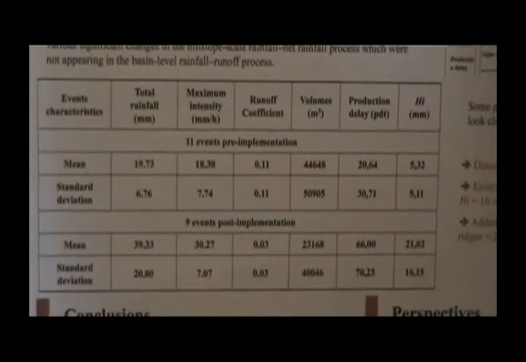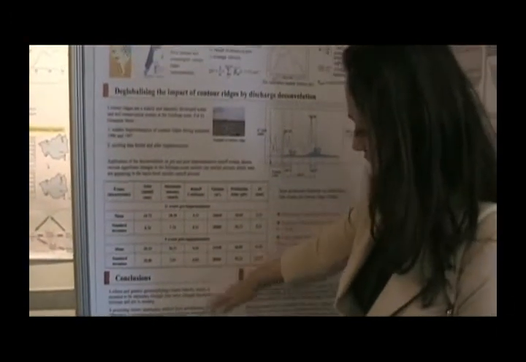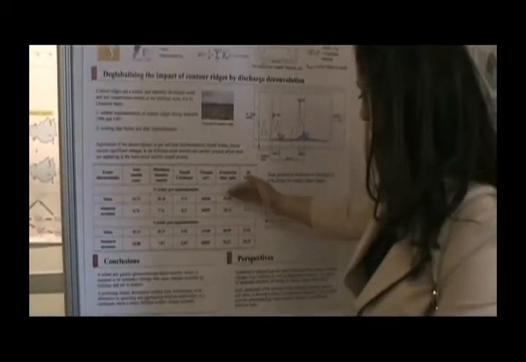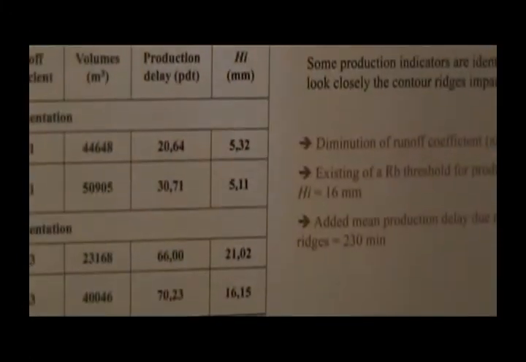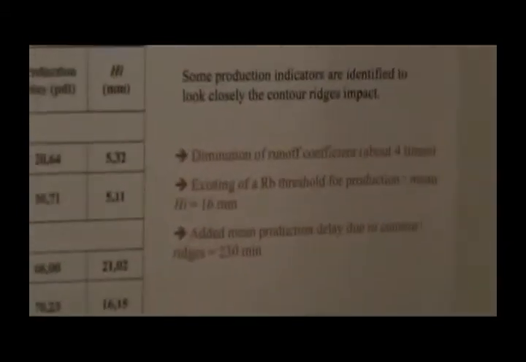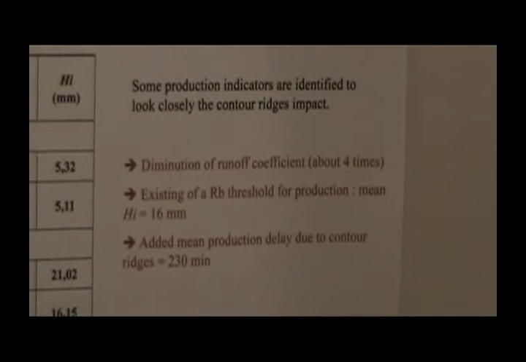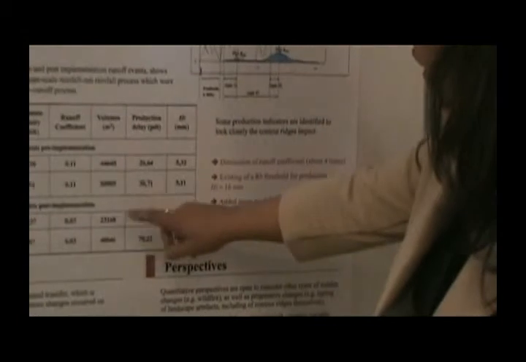We can see here some examples of 11 pre-implementation events and nine post-implementation events. Looking at these results, we can see the impact of these contour ridges: a diminution of the runoff coefficient by about 4 times, existence of a threshold for production, and also an added mean production delay due to the contour ridges.